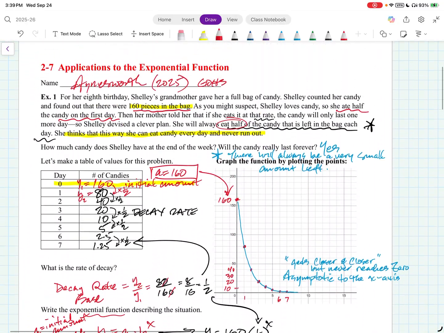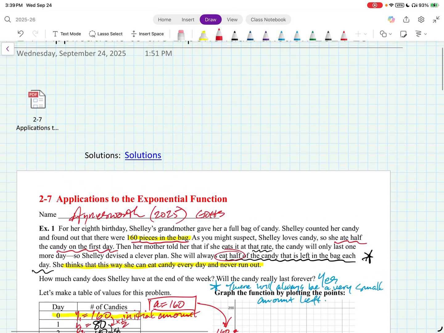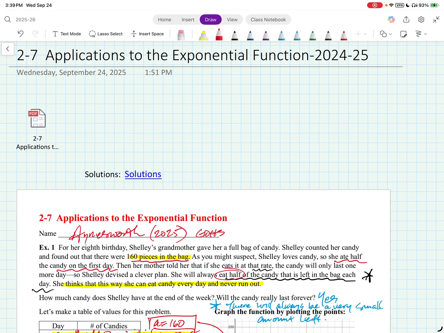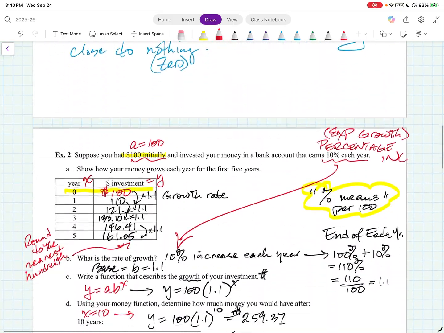Get started on your application of exponential functions. Oh, look at that, the solutions are right up here. This is a hyperlink, by the way. So click here, this is a hyperlink for the solutions, and you can check everything. You can look at them in Canvas, you can check them here. Man, you guys have so many tools.